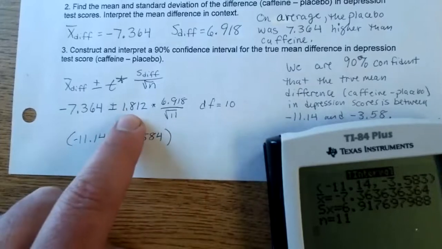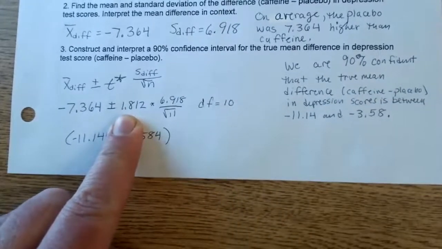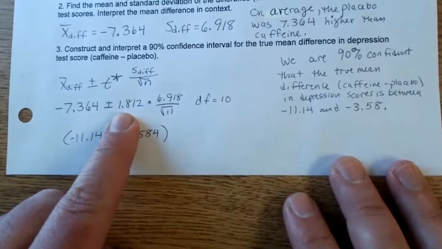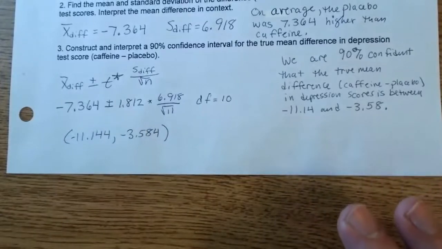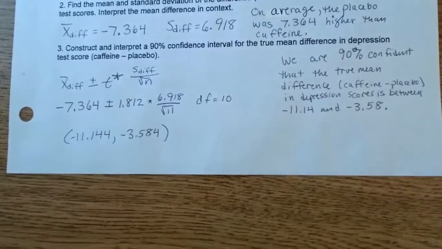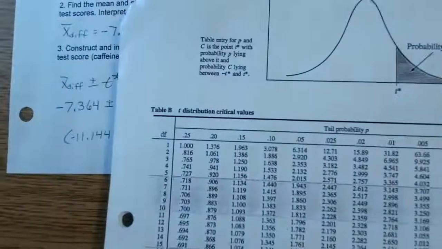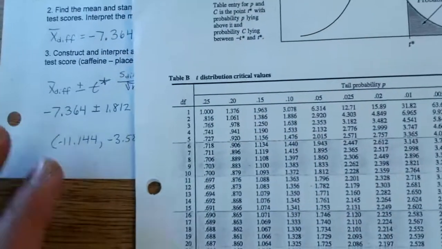If you have to do this by hand and show your work, you can find this critical value, again, the quickest way is probably by going to your T table on your formula sheet. That would be table B. Remember, these tables will be at the end of the AP exam. So we look for our degrees of freedom, which we just said was 10.